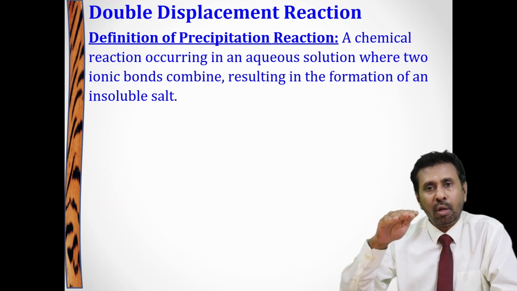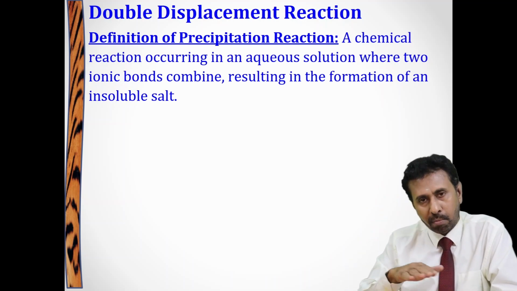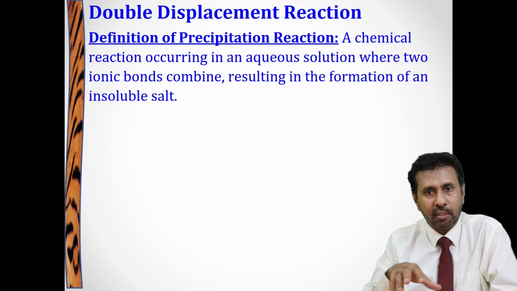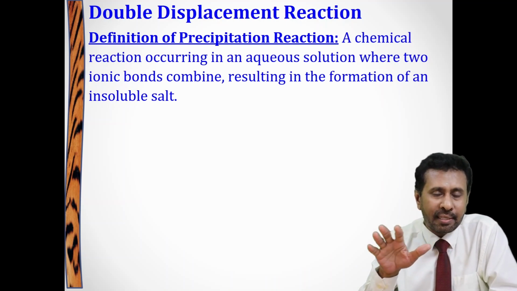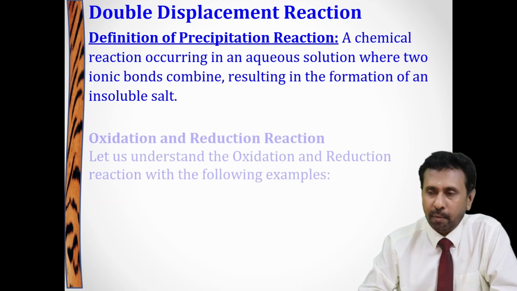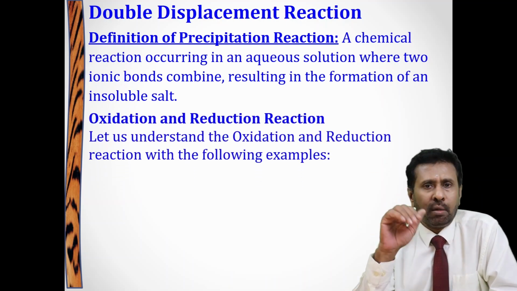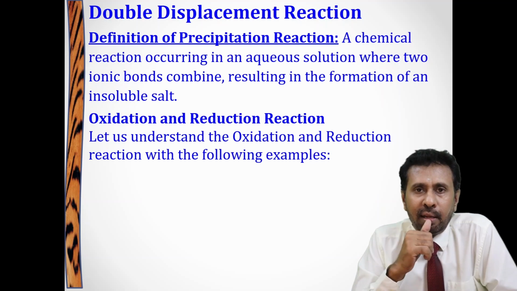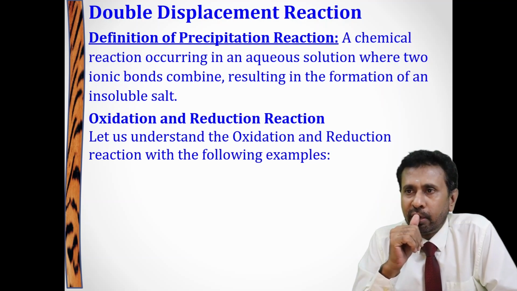That salt will sediment and go to the bottom. It is insoluble, it will not exist in aqueous format. It will be in crystalline solid format and insoluble in water. That is what double displacement is all about.